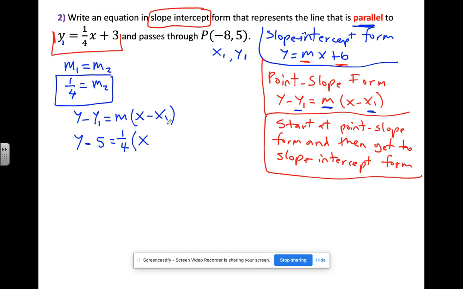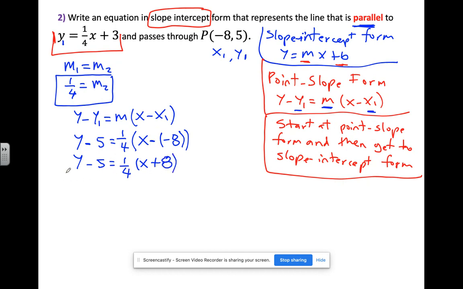X minus x1, how much is it? X, and this is the minus from here, but the x1 is also negative. So I'm going to put a parenthesis and another negative, okay? Let me work those signs right now. So I have 1/4, and I have negative becomes positive, okay? That becomes positive.